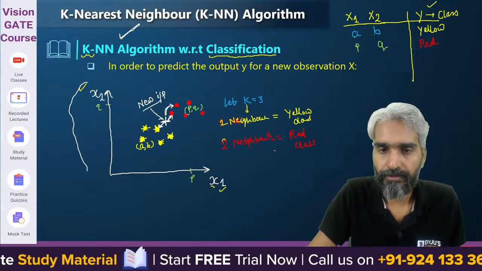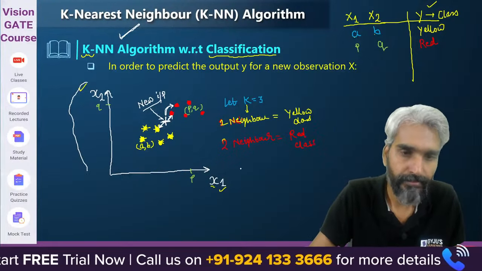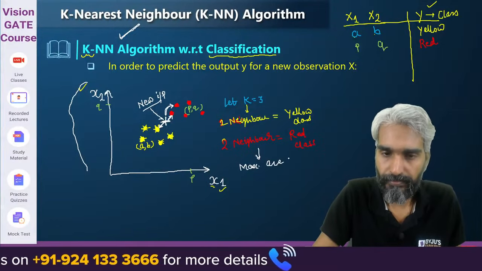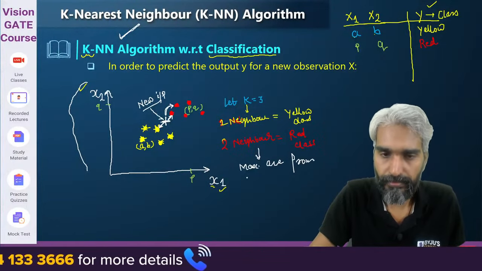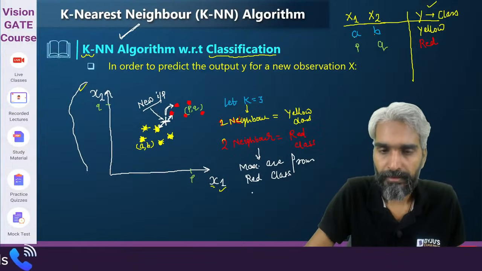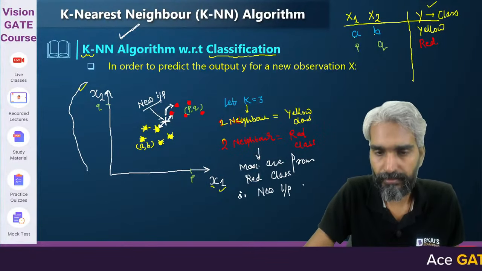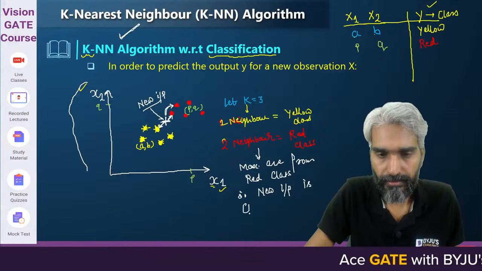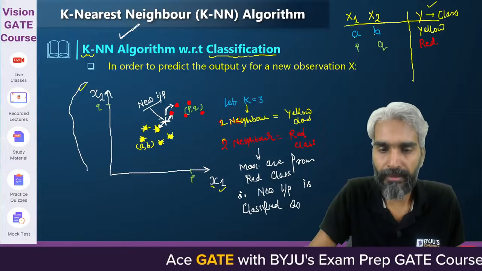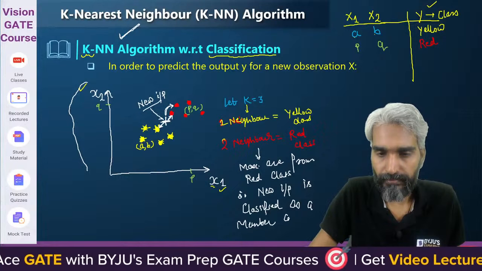So the maximum are from the red class. Therefore, the new input is classified as a member of the red class.